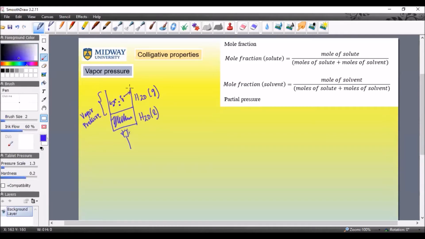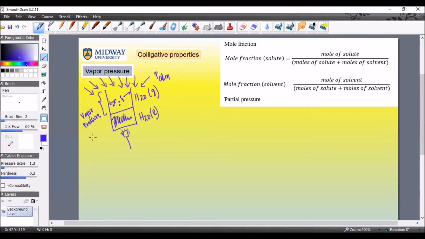Now outside this beaker, we have the atmospheric pressure, which is the pressure of the room or the lab in which the experiment is conducted. The lab has its own atmospheric pressure, so we're going to call that P atm.